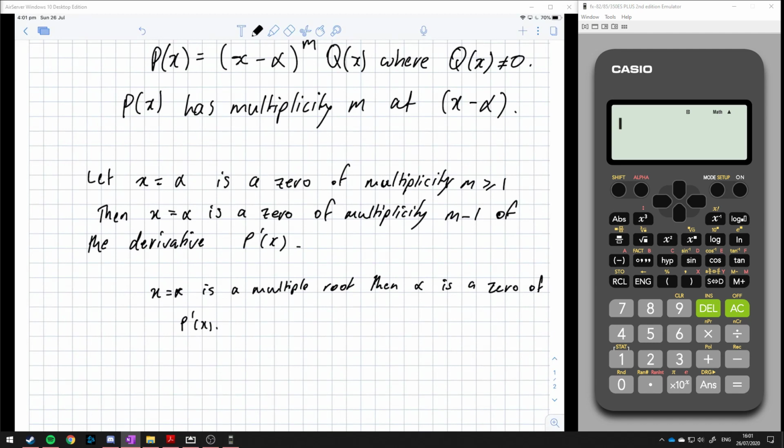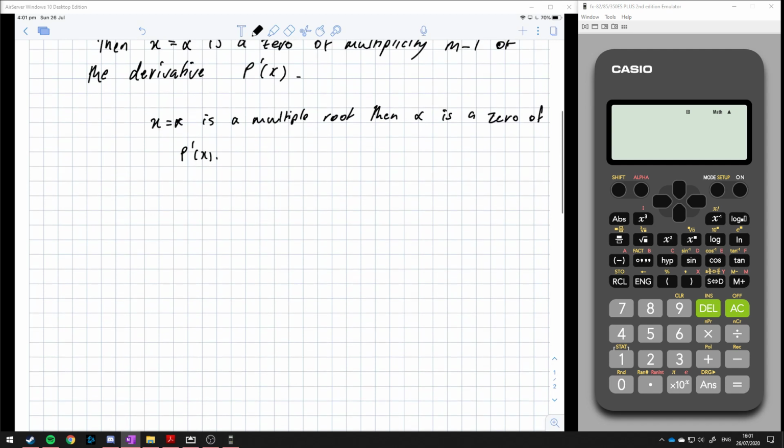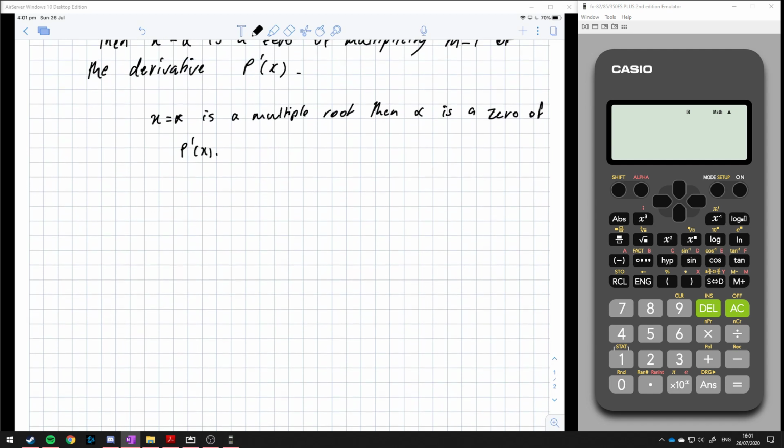Now let's suppose that x equals alpha is a zero of a polynomial. If it's an even multiplicity, then the curve is tangent to the x-axis and does not cross the axis.